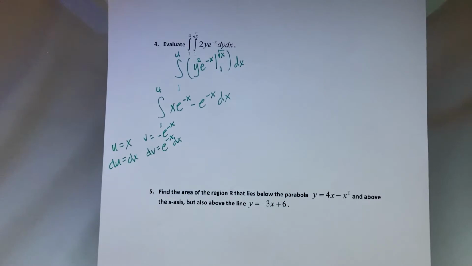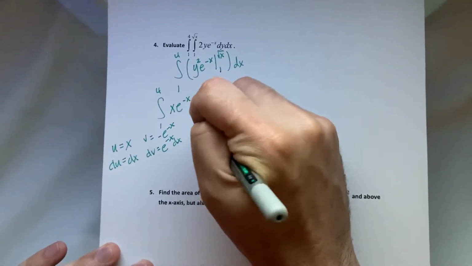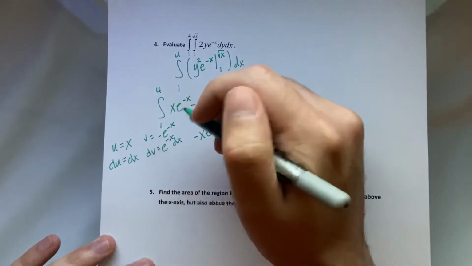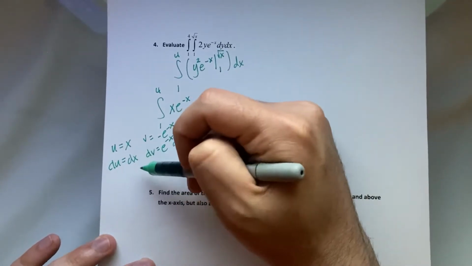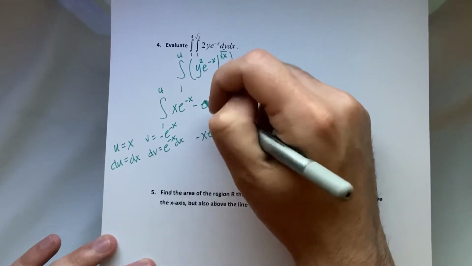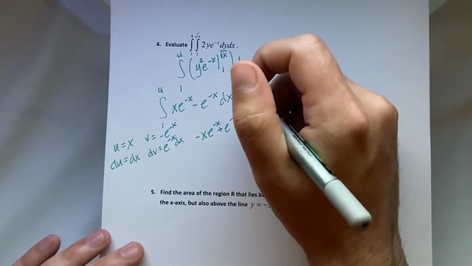So that integral becomes uv, so negative x e to the negative x, minus the integral of v du, which is the integral of negative e to the negative x dx.